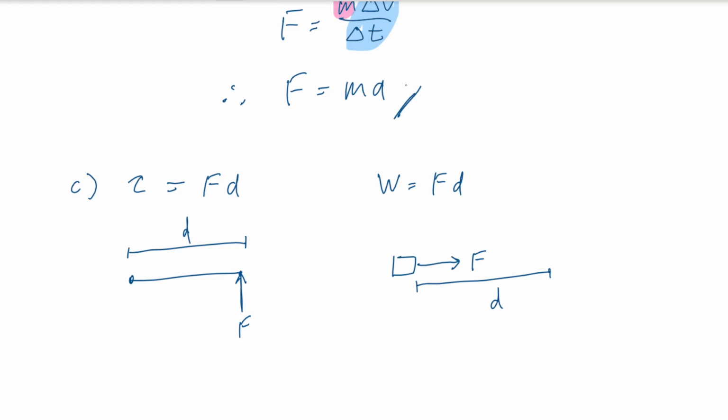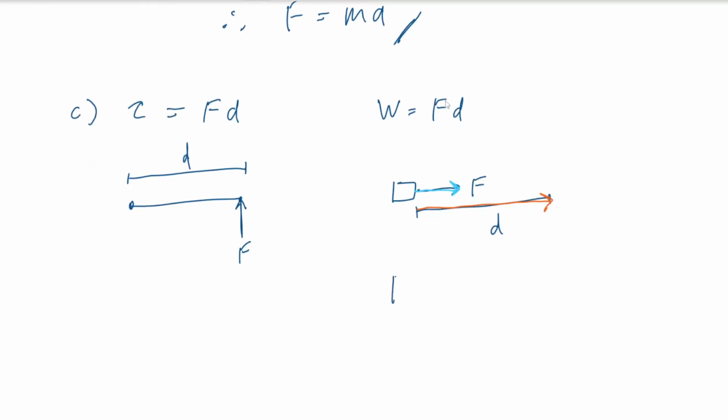So starting with work, we notice that the force applied is parallel to the displacement, right? Parallel to the direction you are pushing it. So we could say force and distance, or displacement because it's a vector, are parallel, or in the same direction.